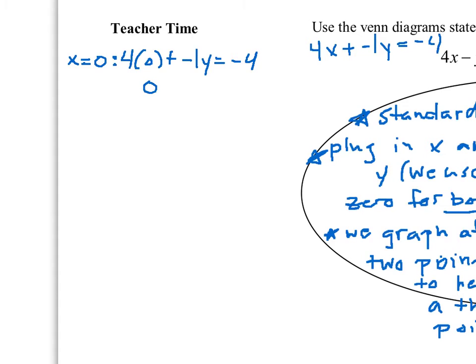This becomes 0 plus -1y equals -4, which is just -1y equals -4. So many of you, because you just had that -y, that negative just disappeared, or you just said, all right, well, y is equal to -4. This tells us there's still one more step that we need to take here. Lonnie, what is the one more step that we need to take here?